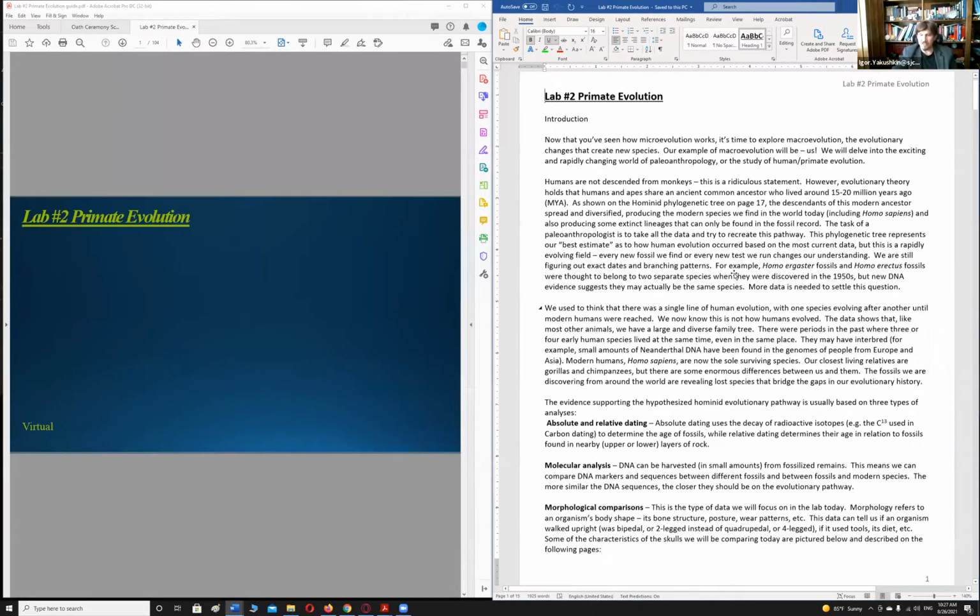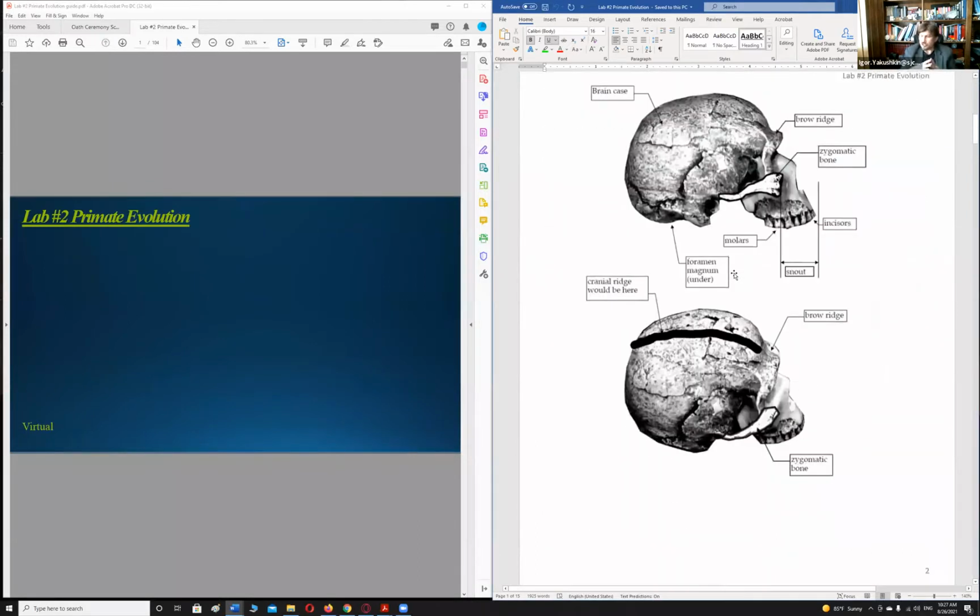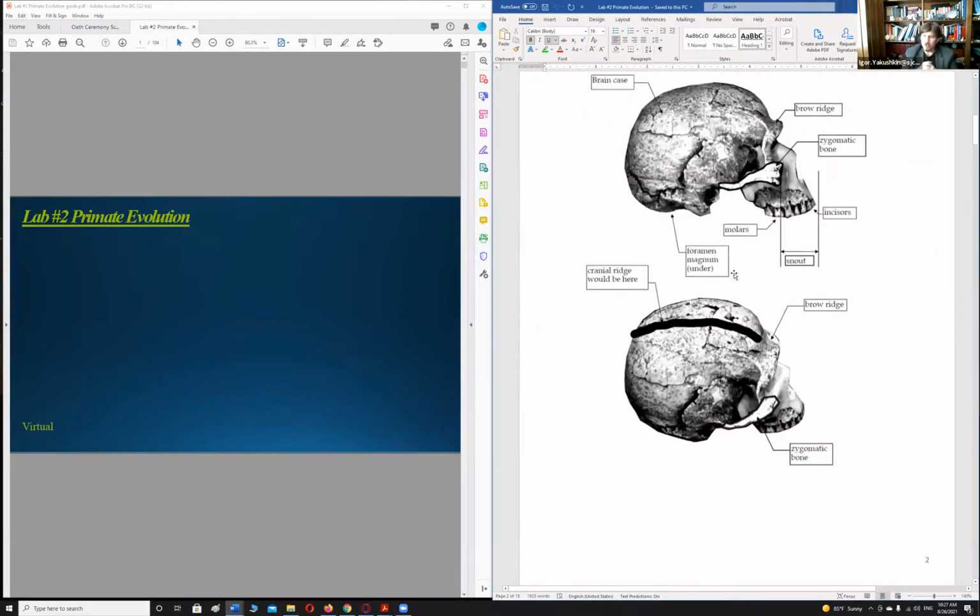In this particular case, there are several features of the skull which you need to memorize, because on the lab practical, you will see a picture of a skull with an arrow pointing and it will say, name the feature. There are generally 5 main features which you need to know, besides the brain case, which I presume everybody understands.